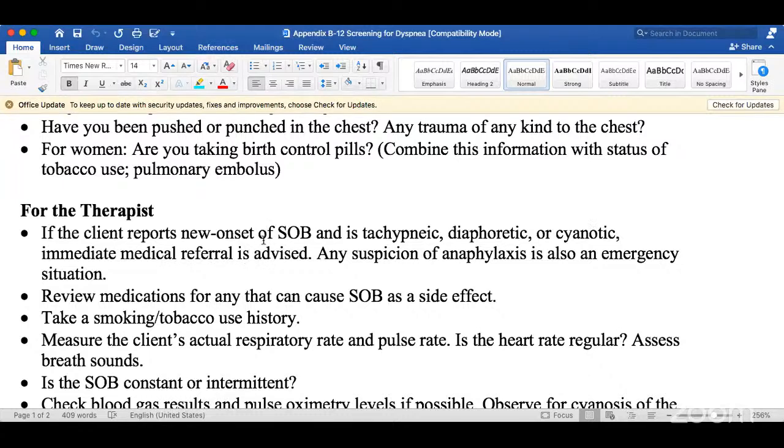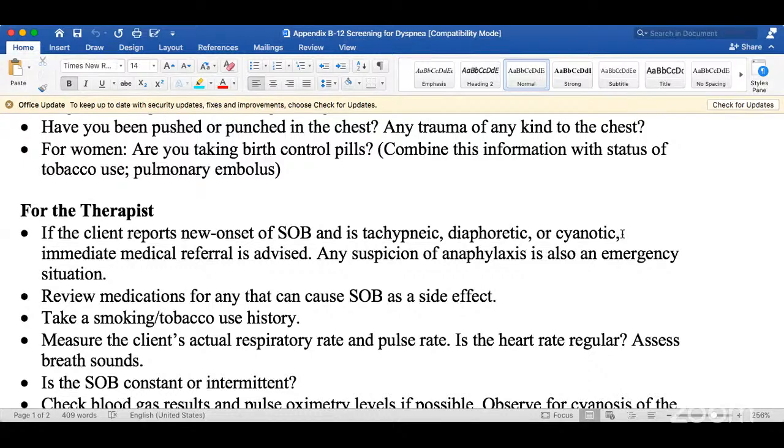If you have the shortness of breath and it is new, just started, and you find out that the patient is tachypneic, diaphoretic, and cyanotic. And that's why I keep telling our physiotherapists, we say afebrile, anicteric, acyanosed, but believe me, some people just put that information in the folder.